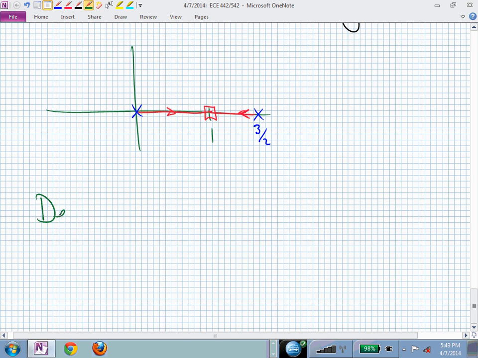So if we look at the denominator of T sub C of z, uh-oh, didn't like that. What in the world? Go away.